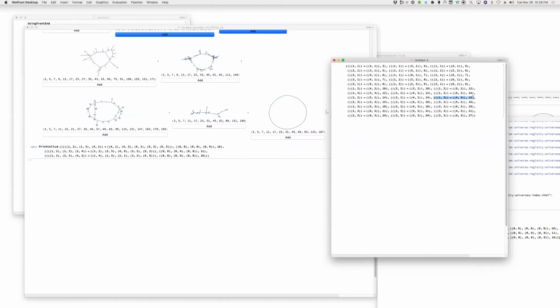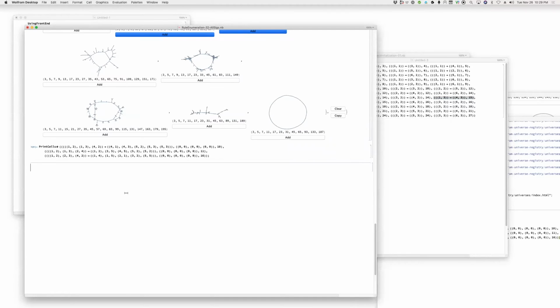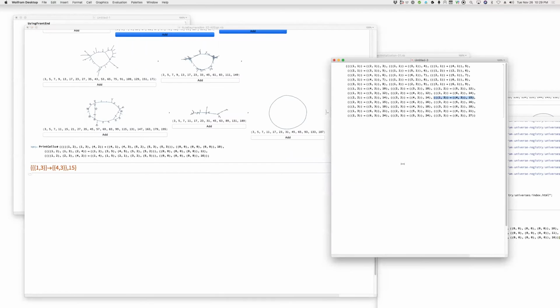So the next one in sequence is 1, 3 to 4, 3, right? Yes. And the next one after that is 2, 3 to 3, 3, which I think will be an interesting one.